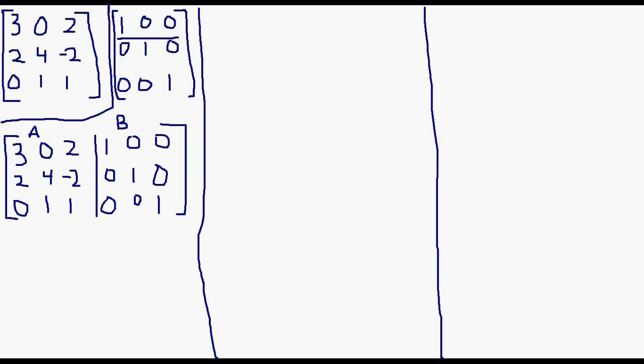So once A finally changes to this identity matrix, which is 1 0 0, 0 1 0, 0 0 1, then whatever we get in B will be our inverse. Is it clear, or should we explain it again?